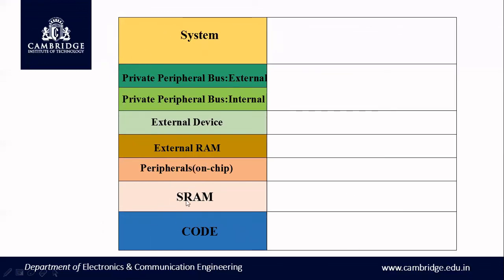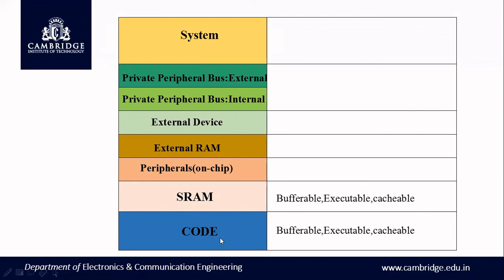If you take the SRAM region and the code region, you have all the 3 attributes applicable. In the sense, it is possible for you to buffer the data, it is bufferable. You can execute the data from that particular region, executable, and you can read the data from it, and it is cacheable.